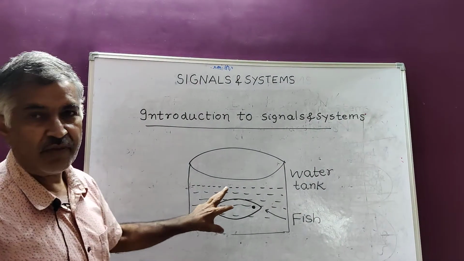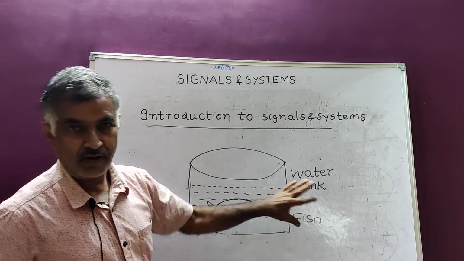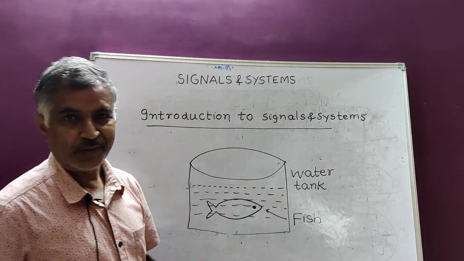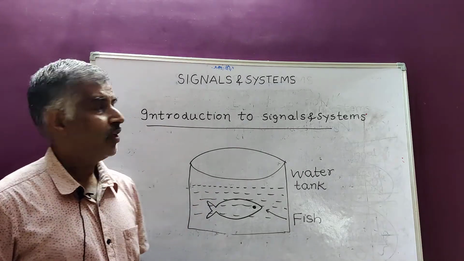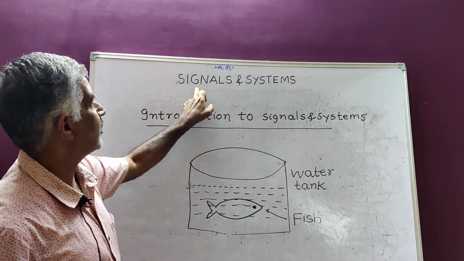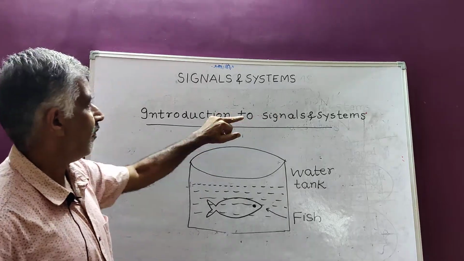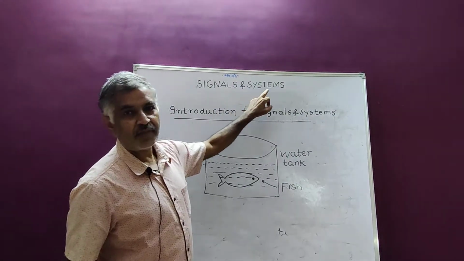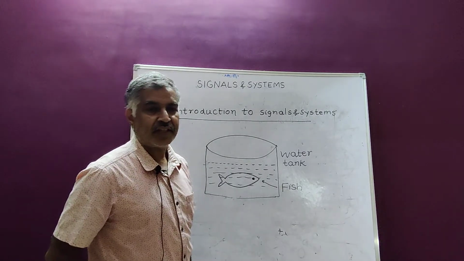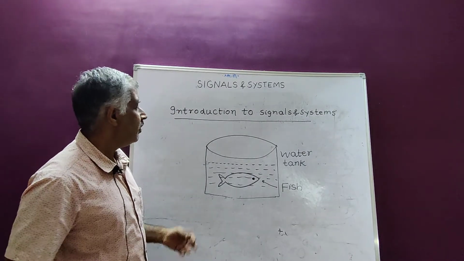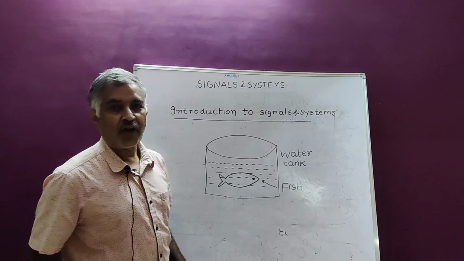So here I have shown a diagram: a fish swimming in a water trough or water tank. See, signals and systems are together. There is no identity for signals without systems, or for systems without signals. So the relationship between signals and systems is like the relationship between fish and water.